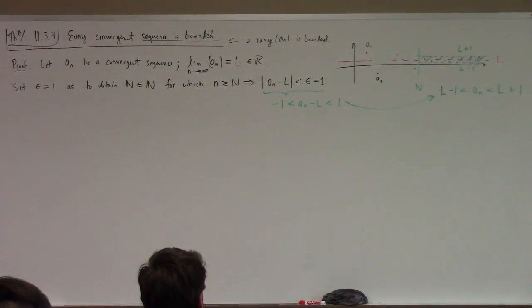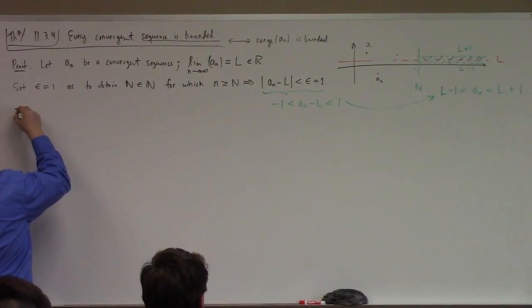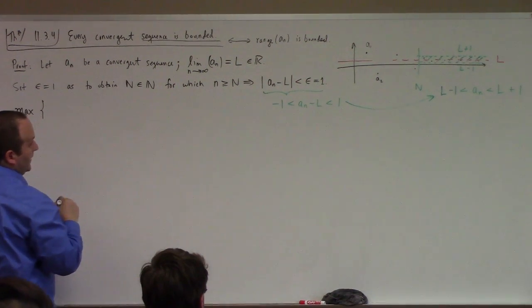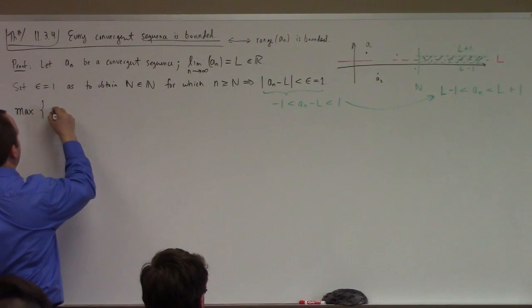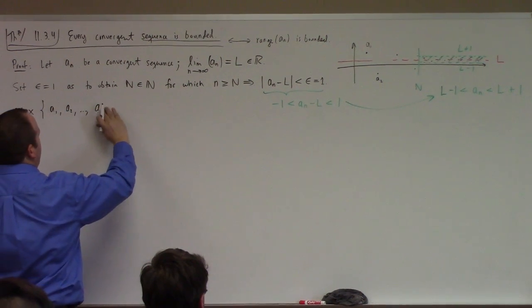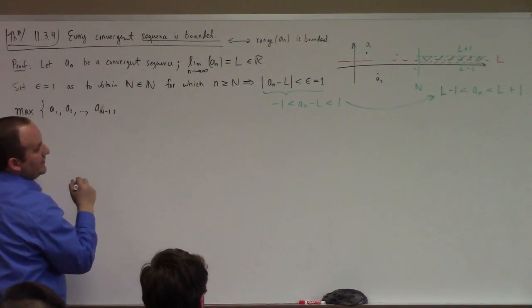Just a finite collection of things, just finitely many. So what I can do is use the maximum function. I'm going to focus on the upper bound. I can pick the max of A1, A2, up to big N minus 1, and L plus 1.